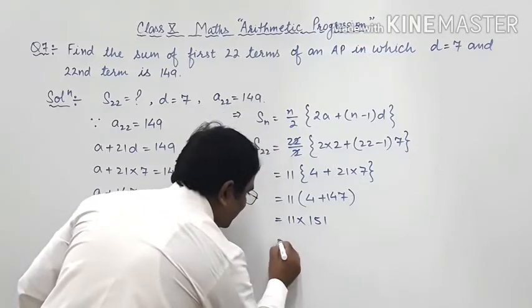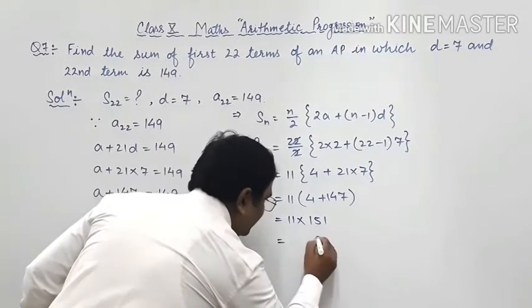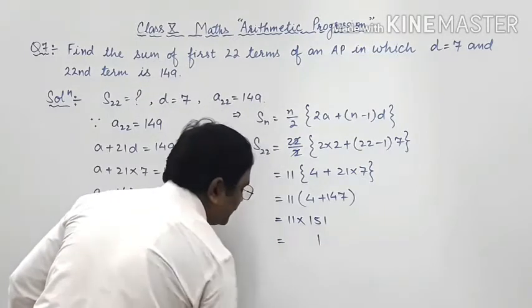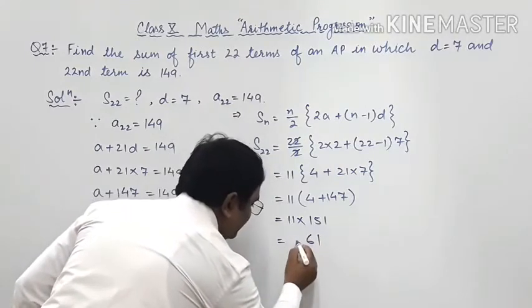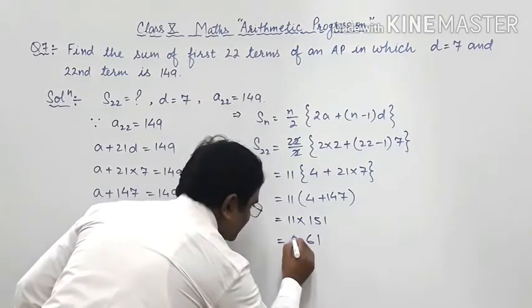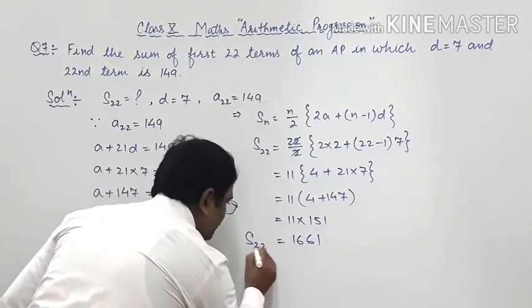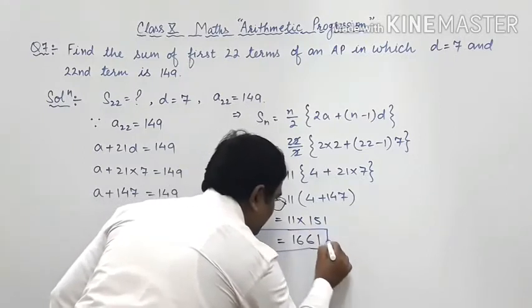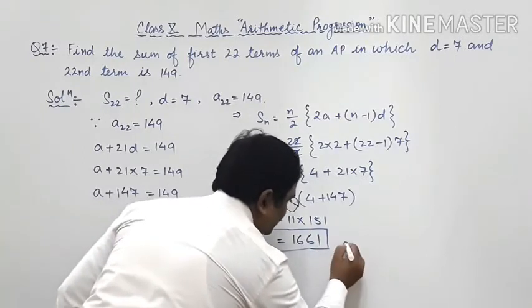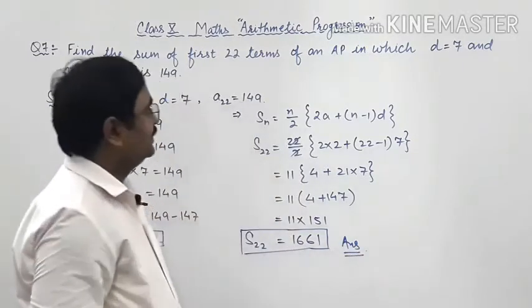So multiply this number by 11. 11 ones are 11, carry 1. 11 fives are 55 plus 1, 56, carry 5. 11 ones are 11 plus 5, which is 16. Means the sum of 22 terms is 1661, our required answer.